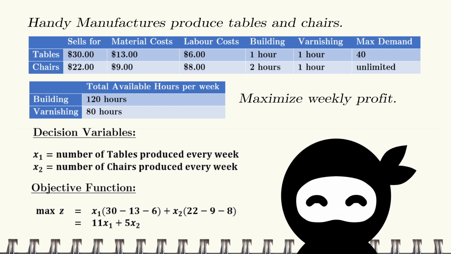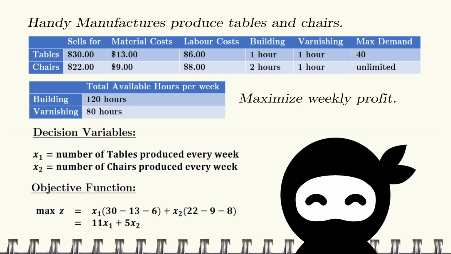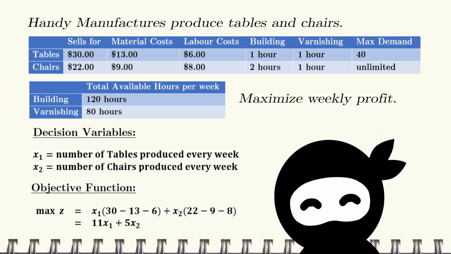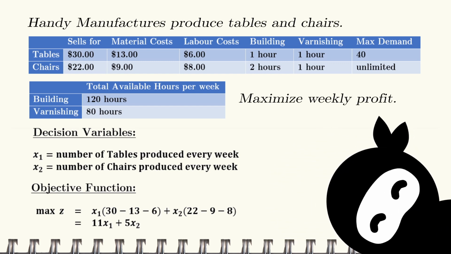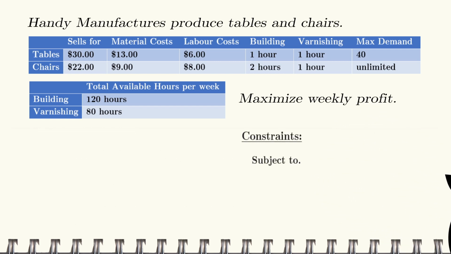We end up with an objective function where the profit is calculated as 11 times the number of tables produced every week, plus 5 times the number of chairs produced every week. For our first constraint, let's consider the number of building hours.